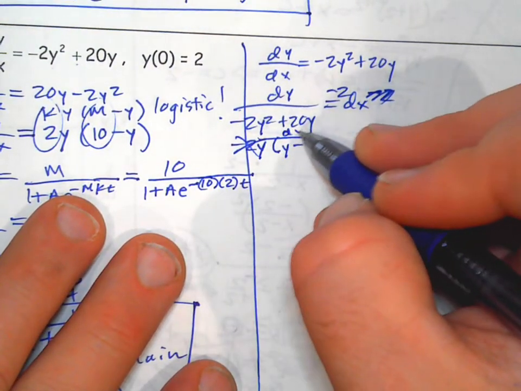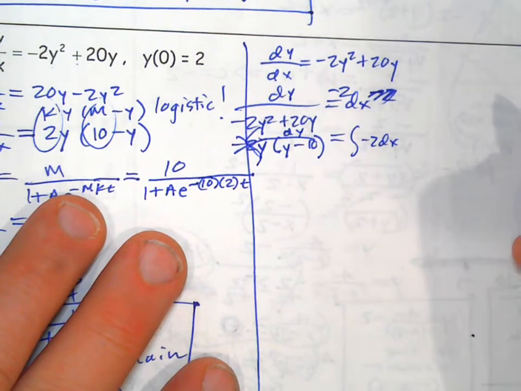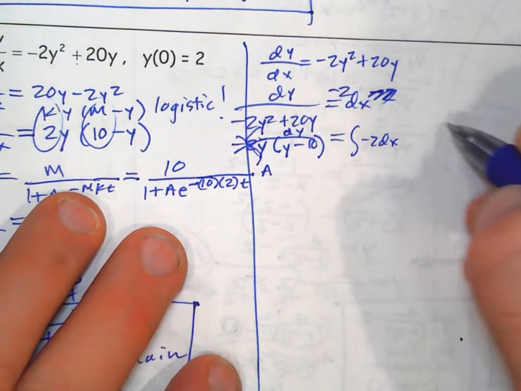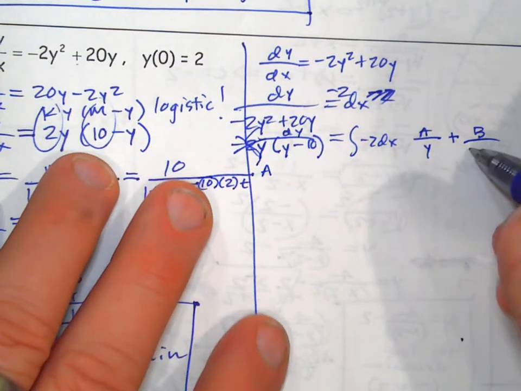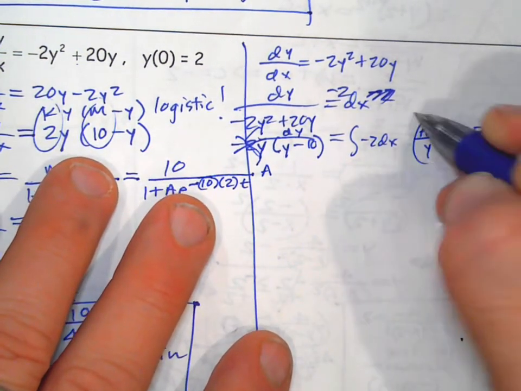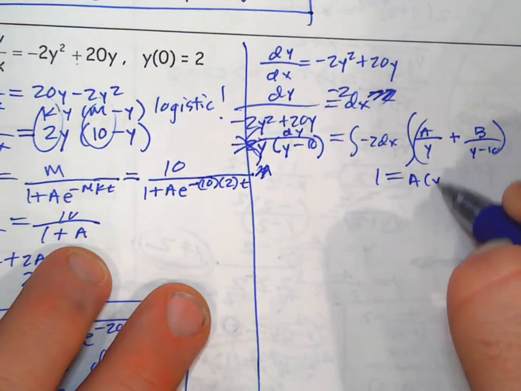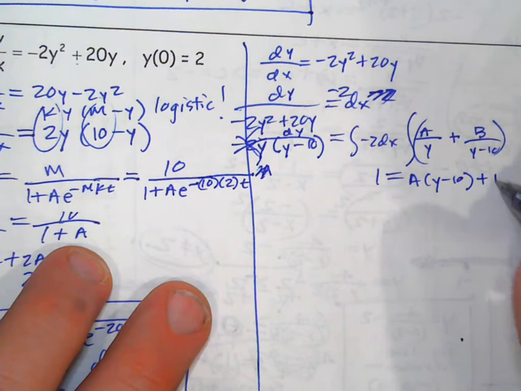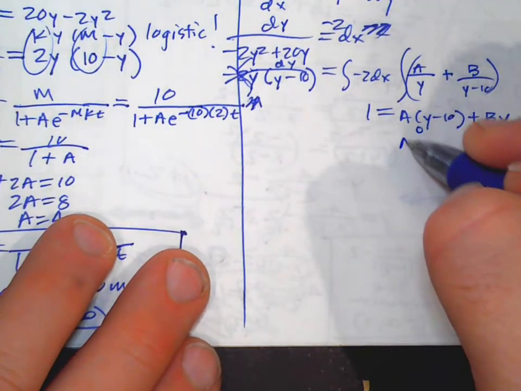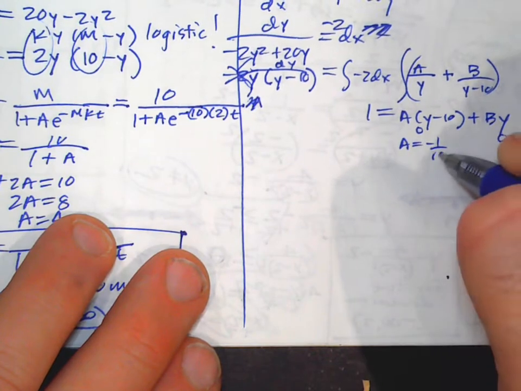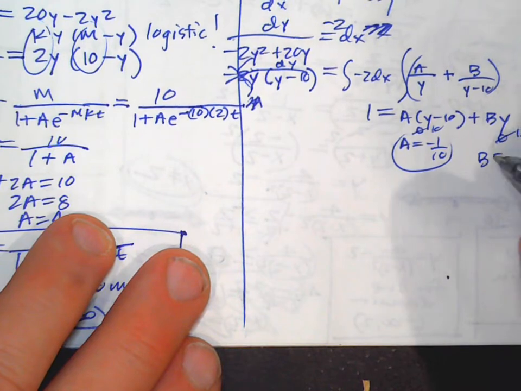So now we're going to integrate both sides. This is partial fractions. It's going to be A over y plus B over y minus 10. So we're going to multiply through by the least common denominator. You plug 0 in. A equals negative 1/10. Plug 10 in. B equals positive 1/10.